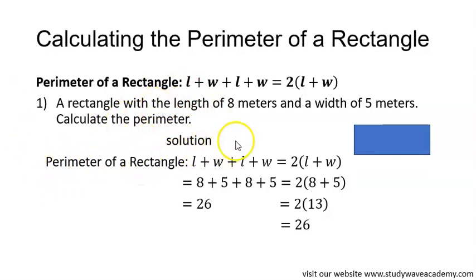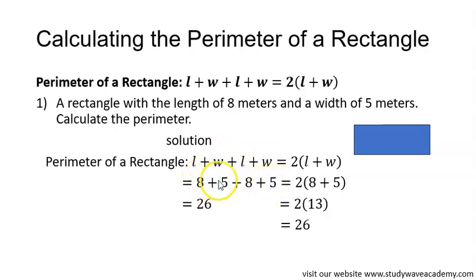Now that we have written out our formula, what do we do next? We input our numbers into the formula, okay? The length here is 8 and the width is 5. So we input it into this formula, L plus W plus L plus W. L is 8, W is 5, L is 8, W is 5.